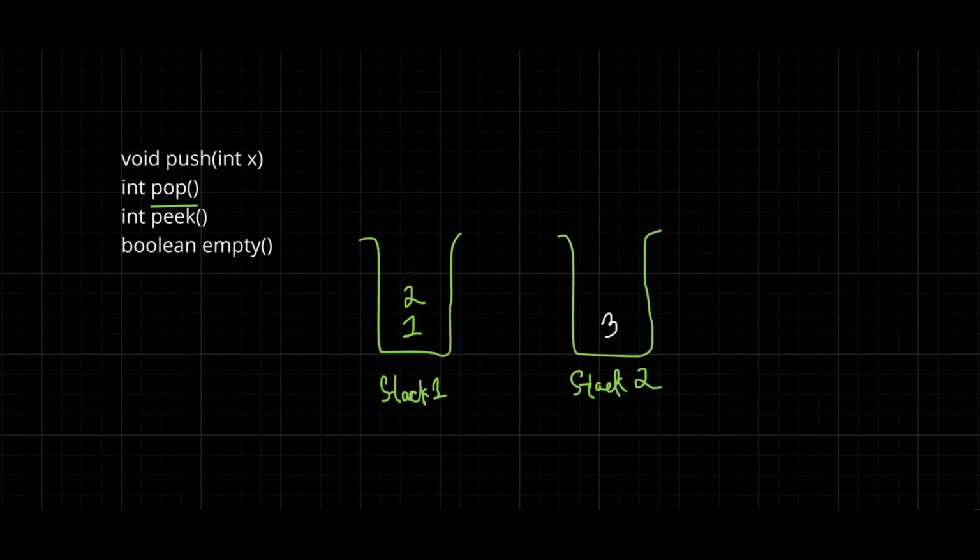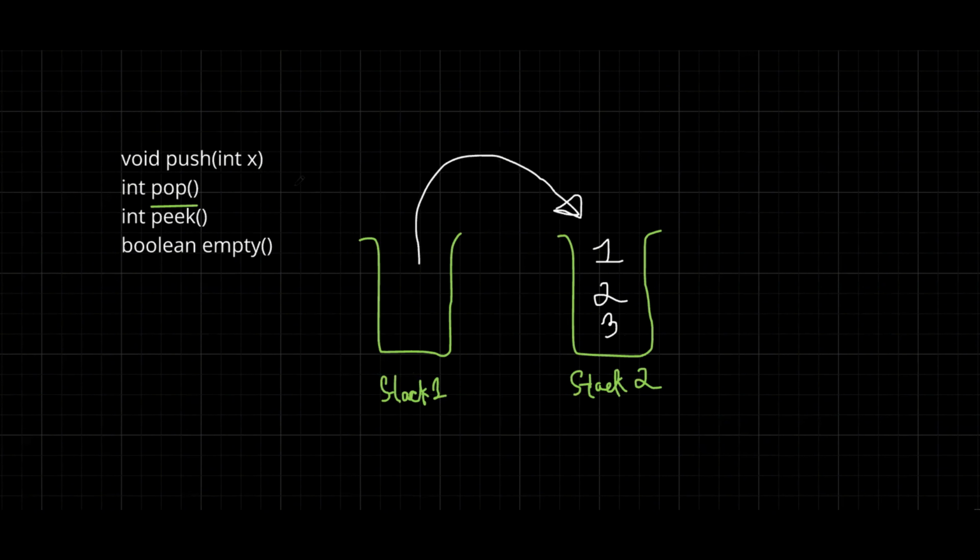Now, the second element is 2. 2 is added into stack 2 and removed from the first stack. Now, the element is 1, which is in stack 1. So we add element 1 into stack 2 and remove element 1 from stack 1. What we have done is shift all of the elements of stack 1 into stack 2.